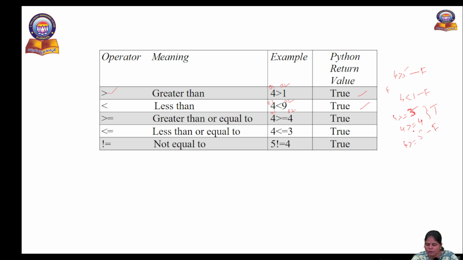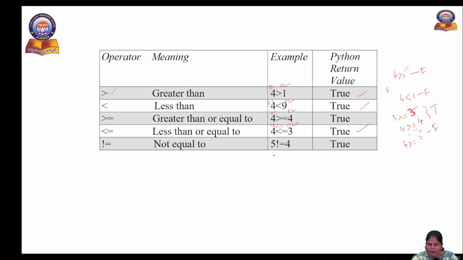So it will check with equality as well as greater than. Next is less than or equal to. Here it will check whether operand 1 is less than or equal to operand 2. That means operand 1 less than operand 2, and also it will check with equality. If it is, then it will result in true, otherwise false.